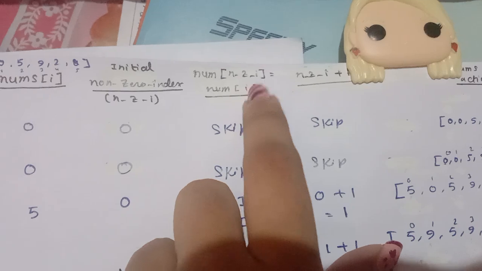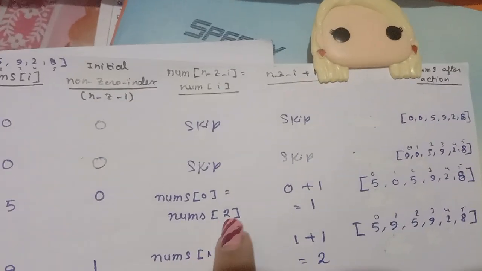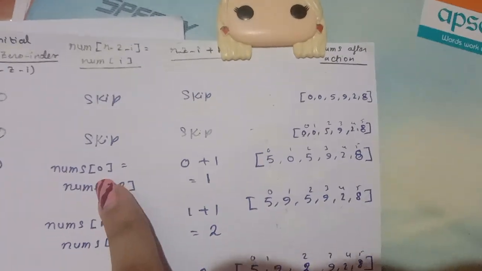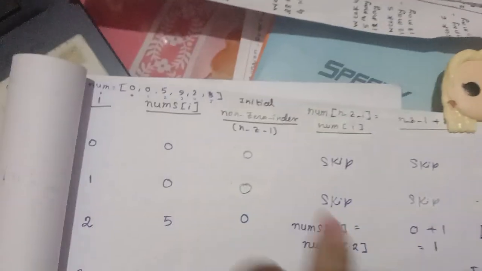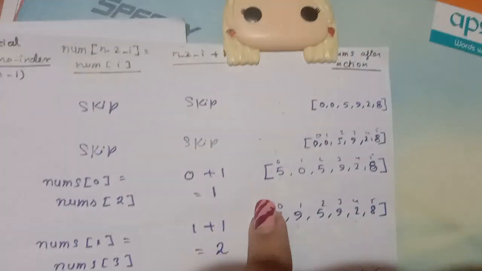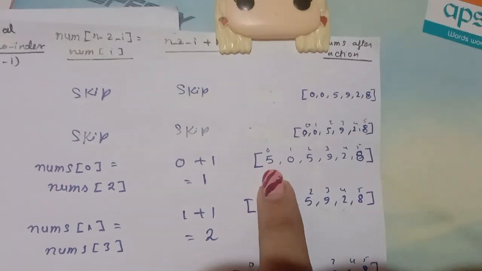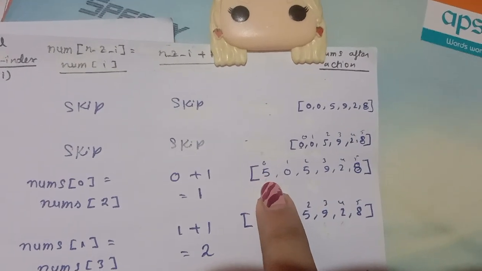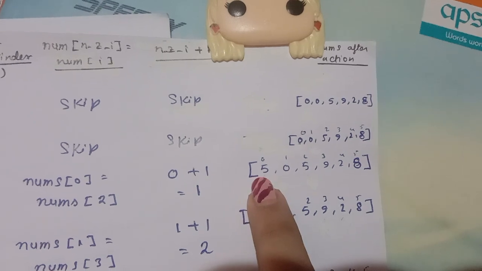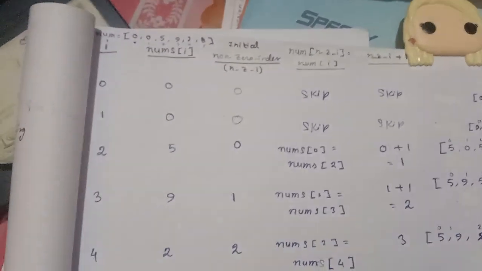This is the logic, with non-zero index in short form. So what happened is that the second element, the 5, went to the first position. Sorry, not the zeroth position, it went to the first position. Similarly it happens for the third iteration.